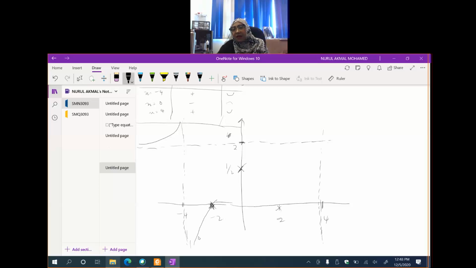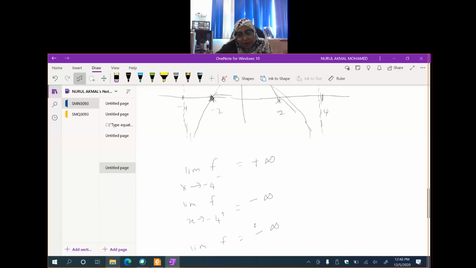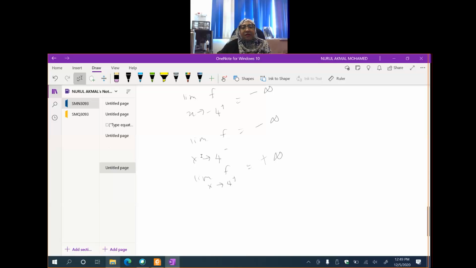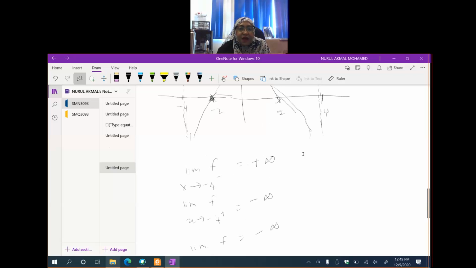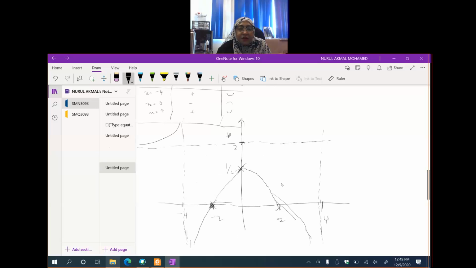Because this is our x asymptote, it will go down to negative infinity as x tends to 4 from the left. The limit of f as x tends to 4 from the left will be negative infinity. So it will be like this.